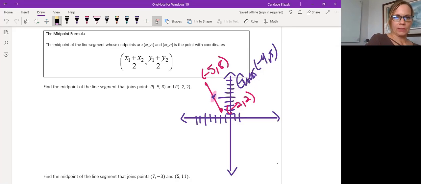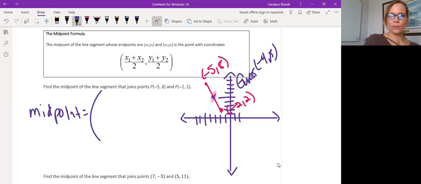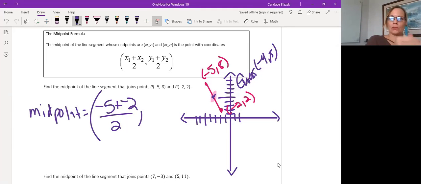So the midpoint of these 2 points will be equal to x1 plus x2 divided by 2. And then the y coordinate, because it's a midpoint, so it has to have an x coordinate and a y coordinate, will be 8 plus 2, that's our y1 plus our y2, divided by 2.